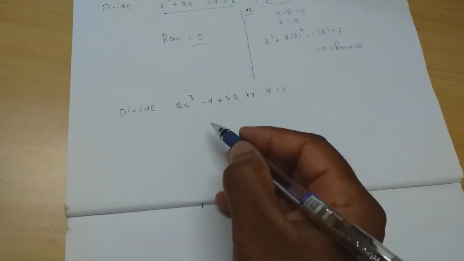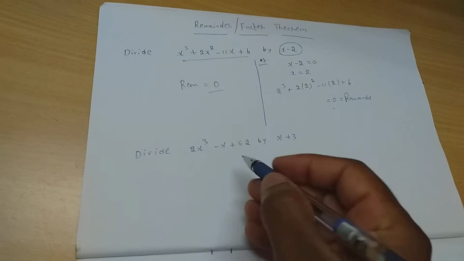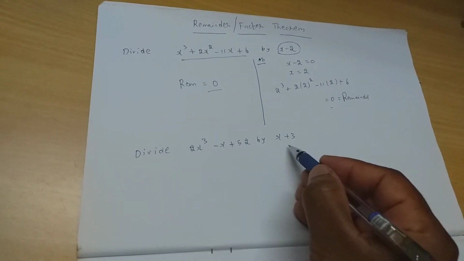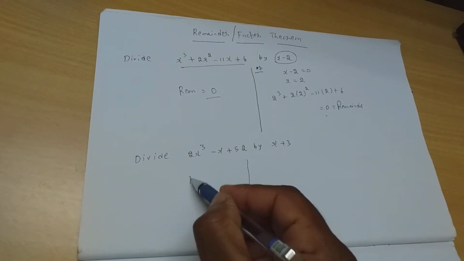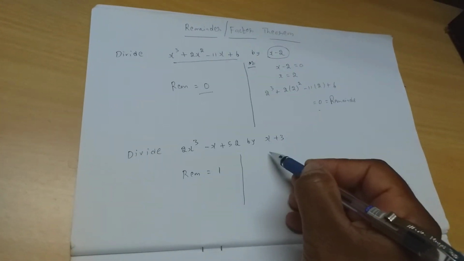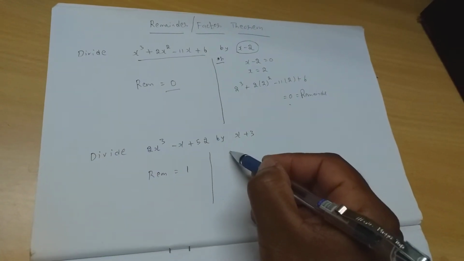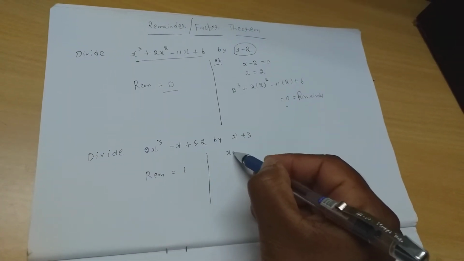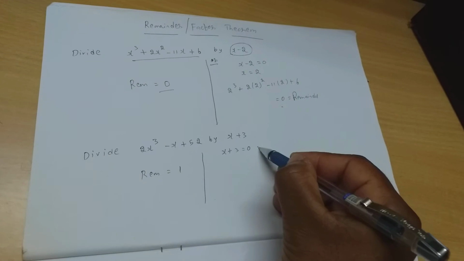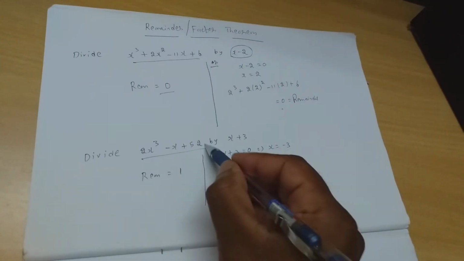Now look at the second sum that we did in the earlier video. We divided this dividend by x plus 3. We got the remainder to be 1. So by using the remainder theorem, I can get the remainder. What is the first step in the remainder theorem? Equate the divisor to 0. The x value you get is minus 3. Place it in this.